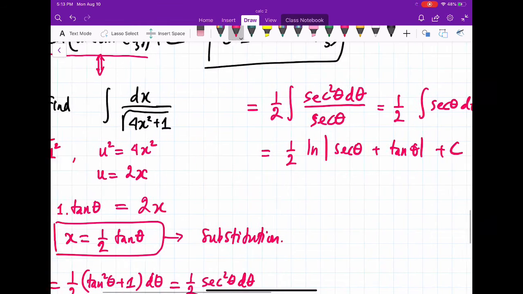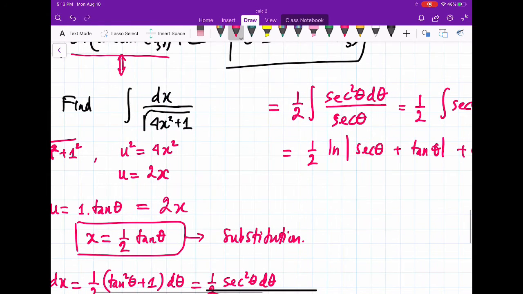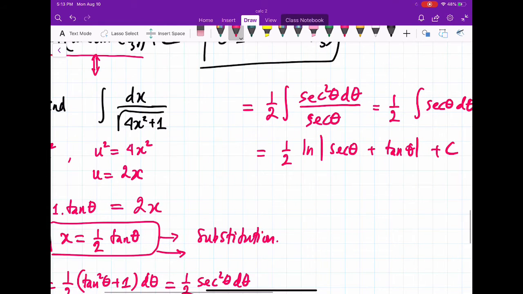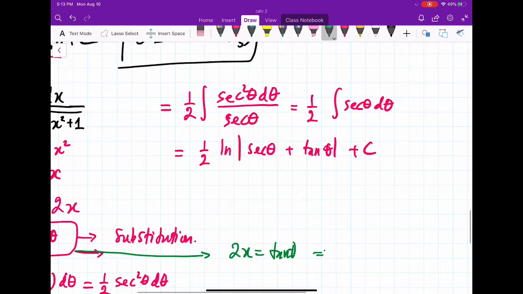Again, we need to solve this for theta. So I tell you this: as I mentioned previously, from here I can have 2x is tangent of theta. And from here you have theta equal to arctangent of 2x.